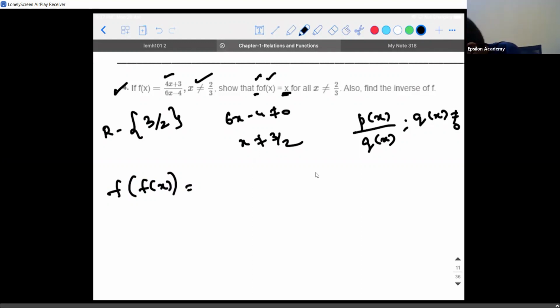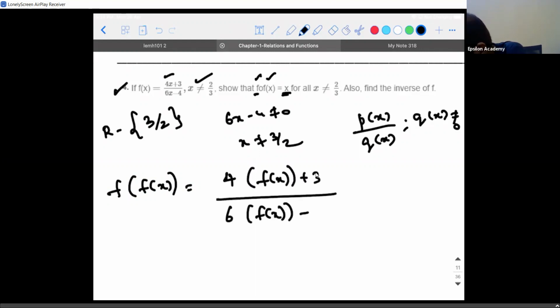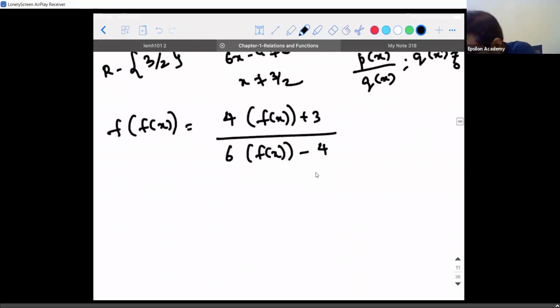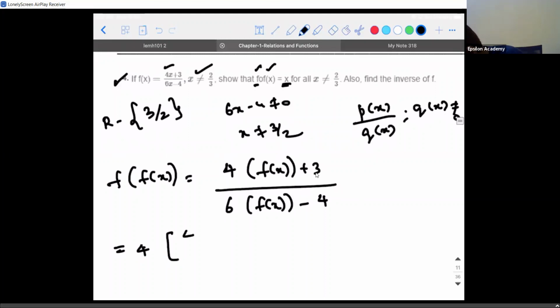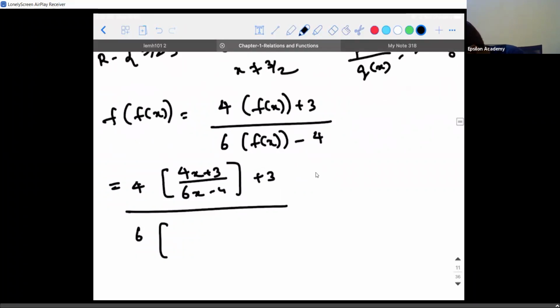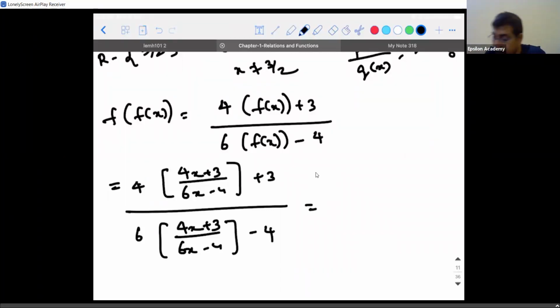So 4 of f x plus 3 divided by 6 of f x minus 4. In the place of f of x, what can I write? 4 into 4x plus 3 by 6x minus 4 plus 3, the whole divided by 6 into 4x plus 3 divided by 6x minus 4 minus 4. Can you guys solve this and tell me what you are going to get?